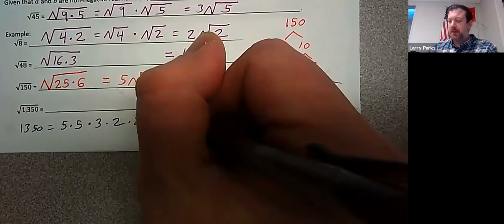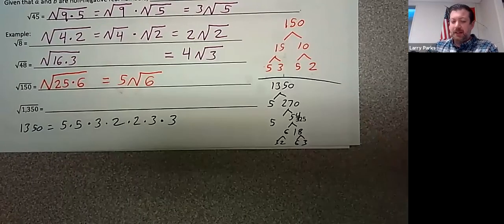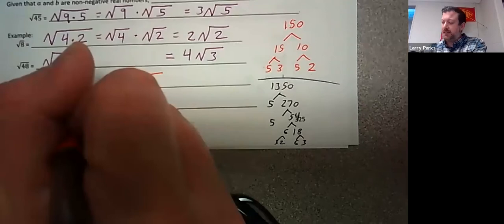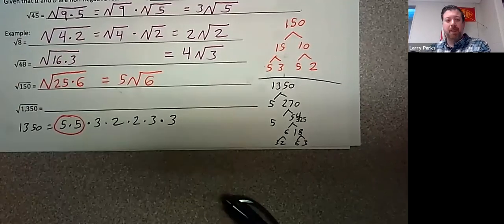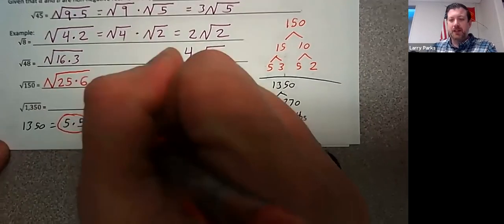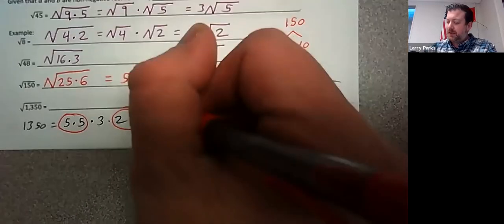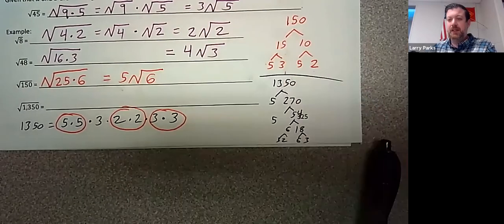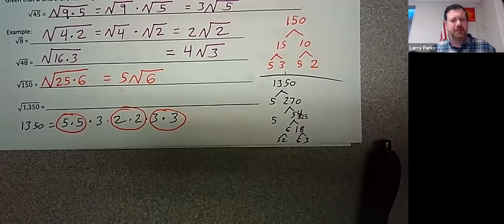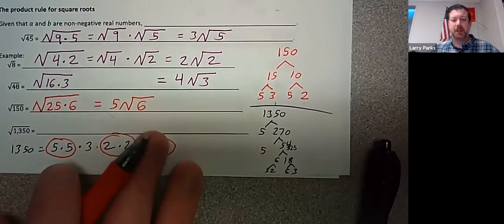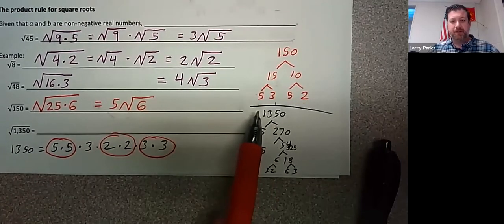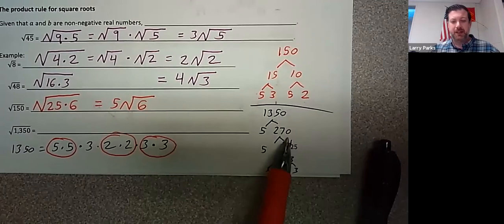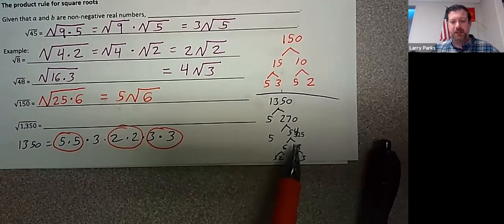So what we're doing is we're looking for pairs of numbers. So I have 5 times 5 is 25. Times 4 is 100. Times 9 is 900. Well, that's not right. Somewhere I messed up. Hold on. I did 5 times 270. 5 times 54.